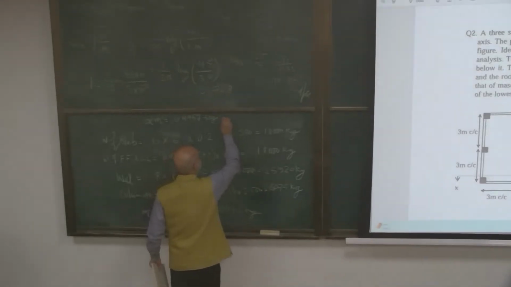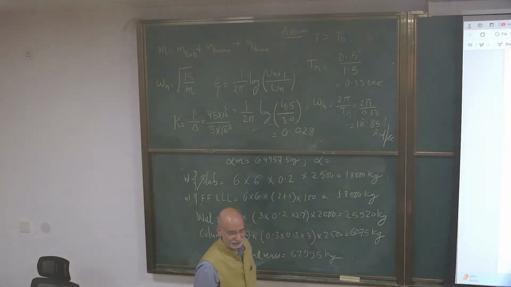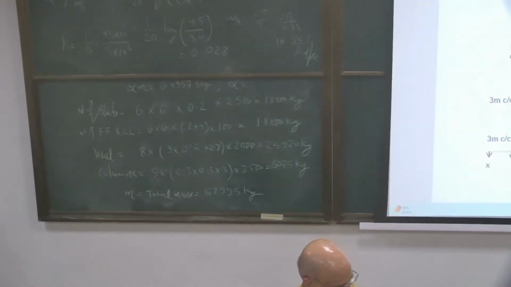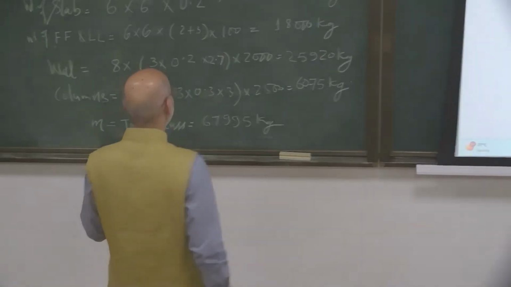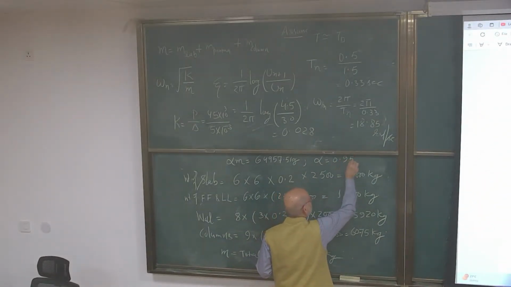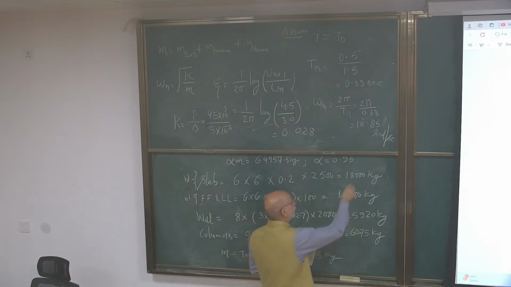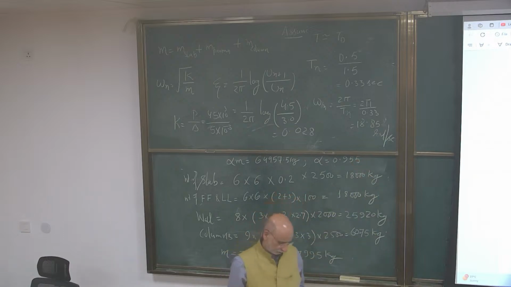So if I do it like this, what is alpha? Because top mass I am expressing in terms of total mass. 0.955. Okay, I can write it still, because if you are doing it with a calculator by hand, you can do it.